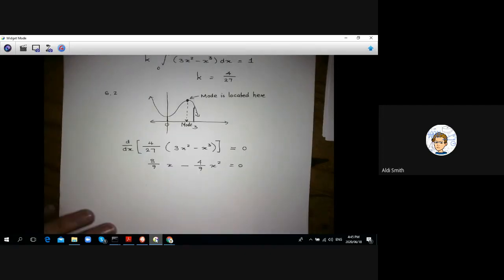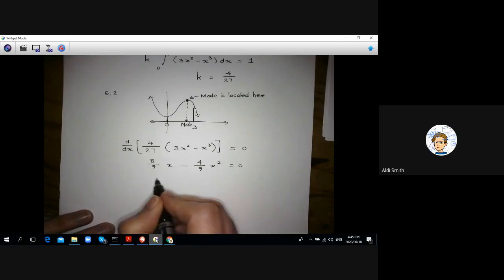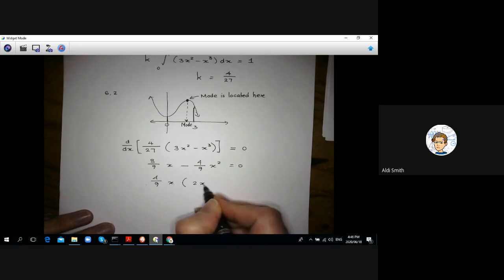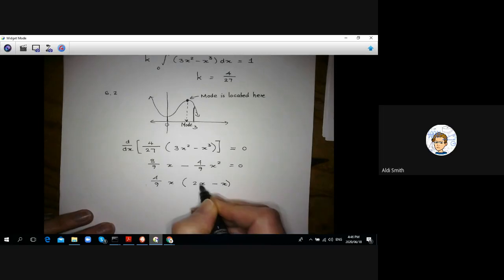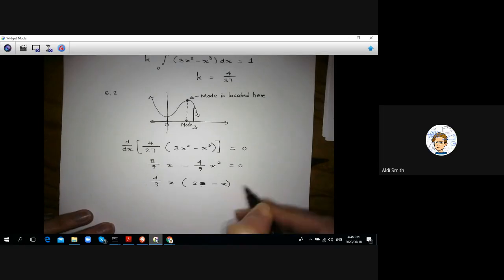Right, so I can then take out 4 over 9 x as a common factor, and I can say this is then going to be 2 minus x equal to 0.